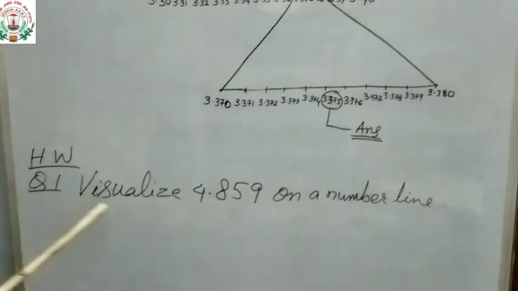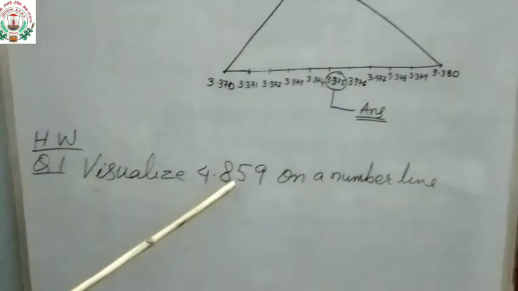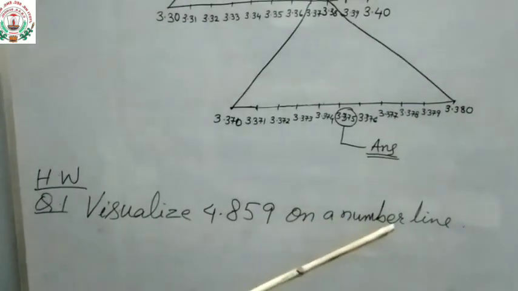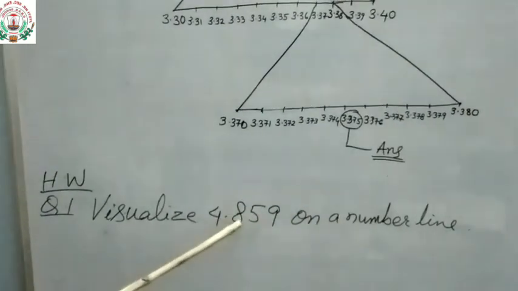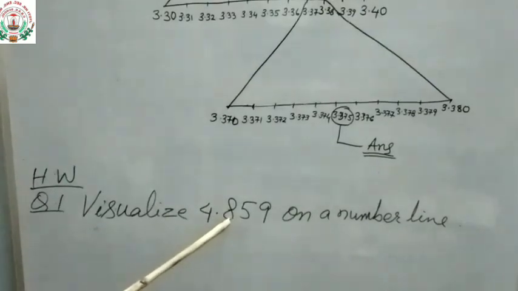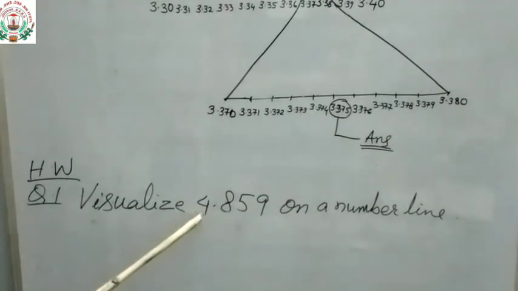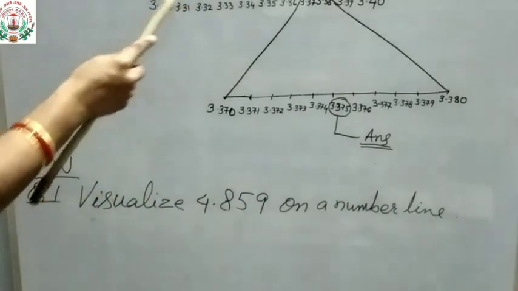Try this out. Visualize 4.859 on a number line. With the question itself, you can understand that this value lies between 4 and 5. Likewise, between 4 and 5.